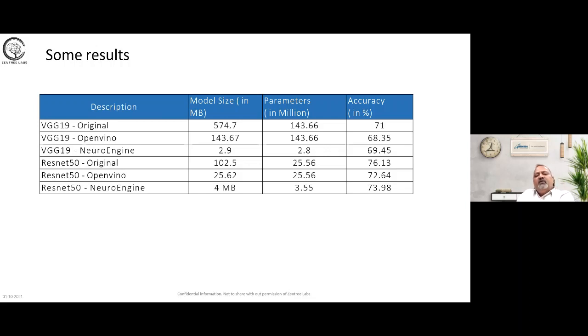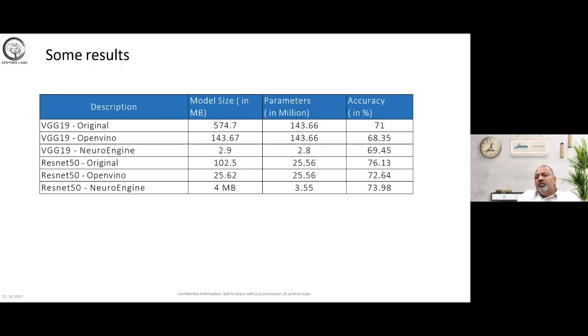For ResNet50, we got 3.55 million parameters against 25.56 million parameters. You can see the savings here. Also, with ResNet50, the methods that we have built helped us maintain the accuracy at nearly 74%, 73.98, against 76.13 for the original model.